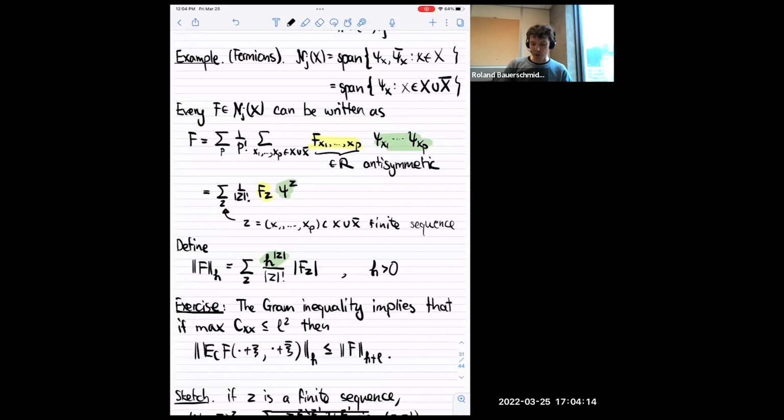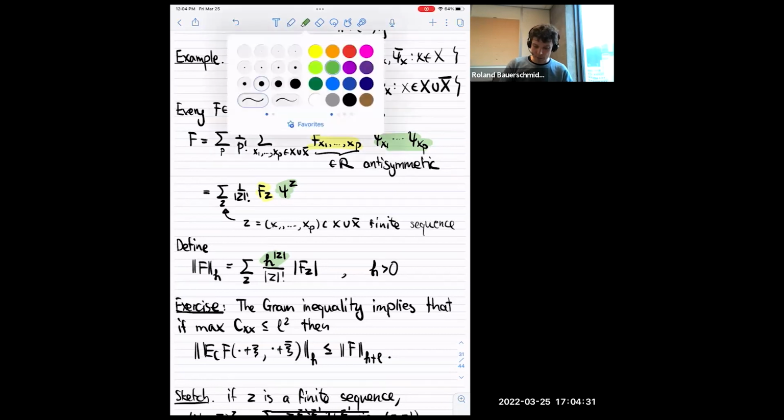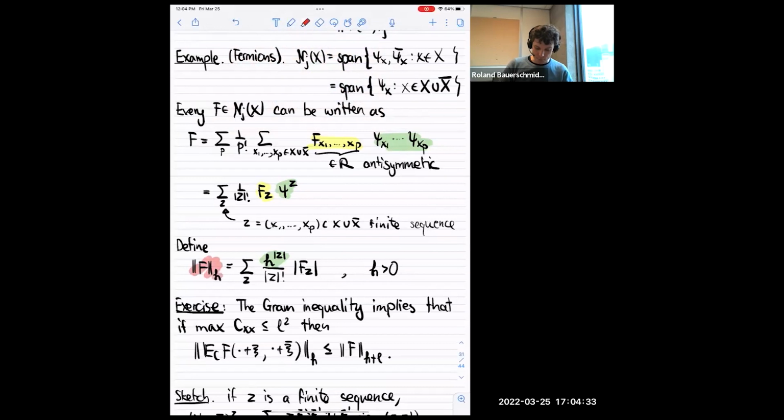If you have a function of the fermions in the set X, it's just a formal polynomial in these psi X bars with some coefficients F, which are antisymmetric. We can define this norm, the analytic norm. That's really the advantage of the fermions, that one can use this analytic norm, and it has all the properties we need.